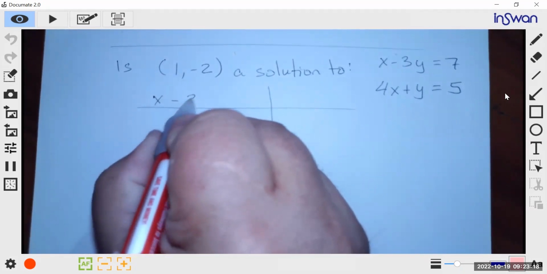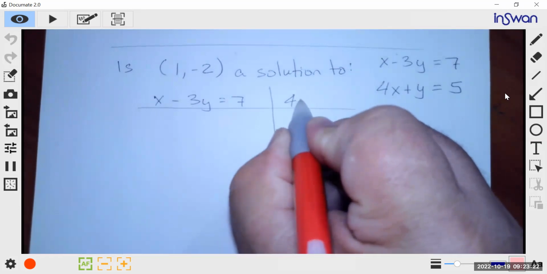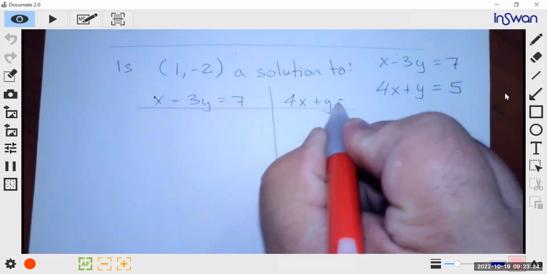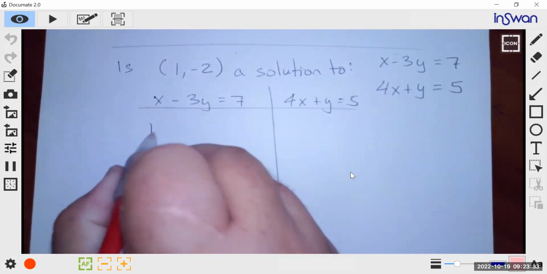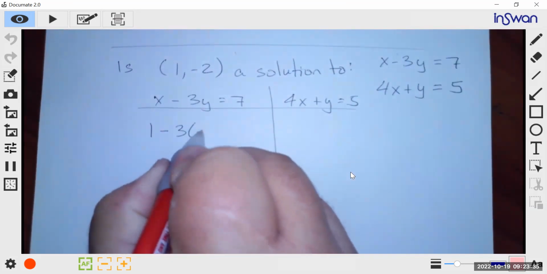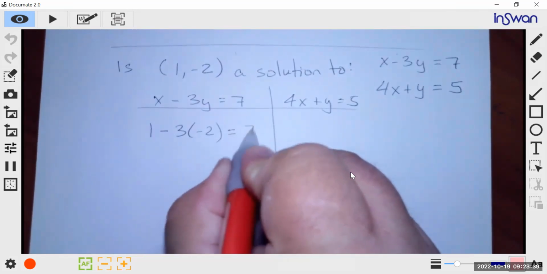So we plug in those points in that equation, and in that equation. Anywhere I see an x is a 1, anywhere I see a y, it's a negative 2.